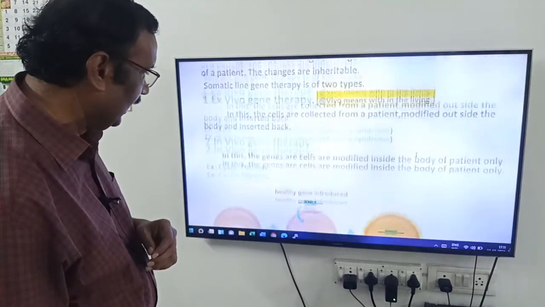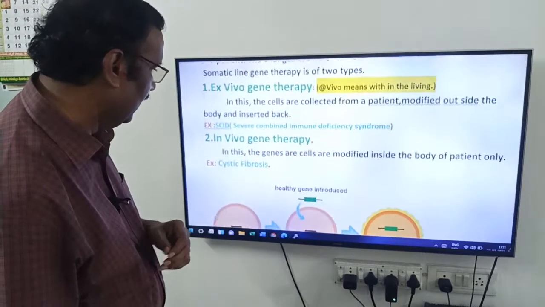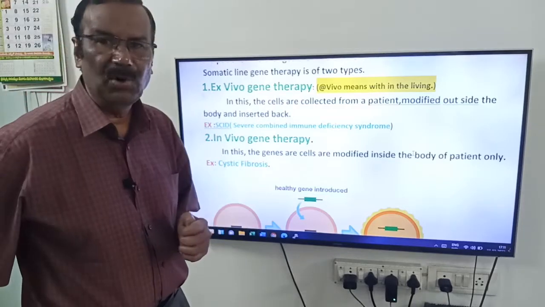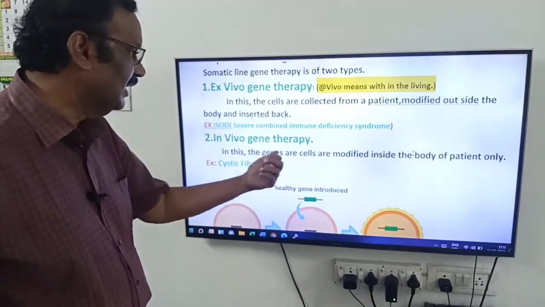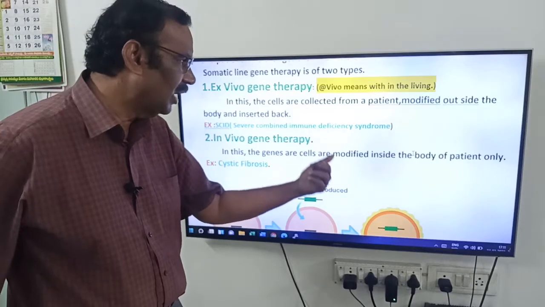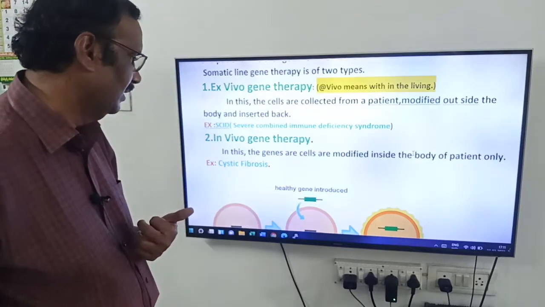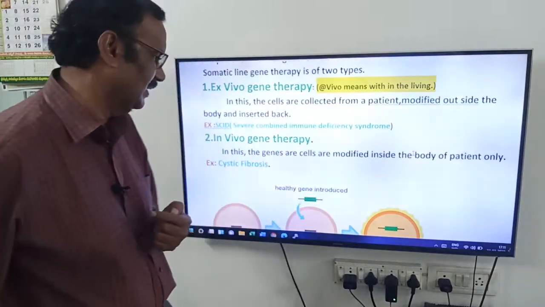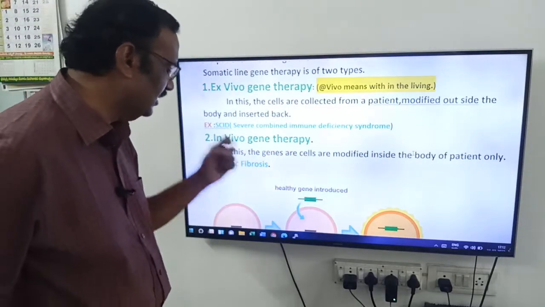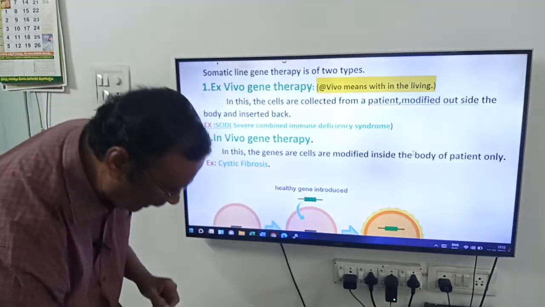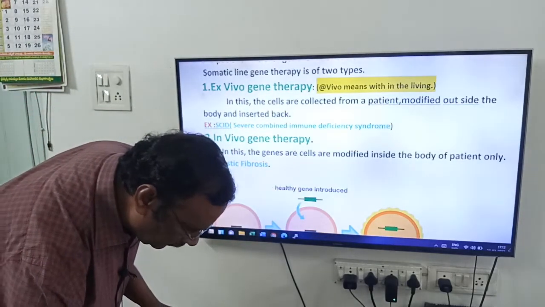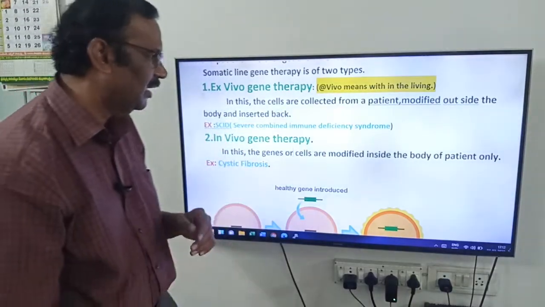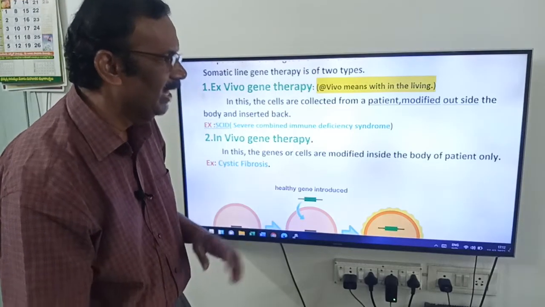Now come to in vivo gene therapy, friends. In vivo means what, friends? Inside the body. In this, the genes or cells are modified inside the body of a patient only.